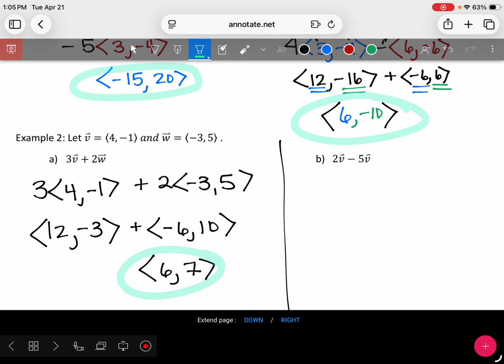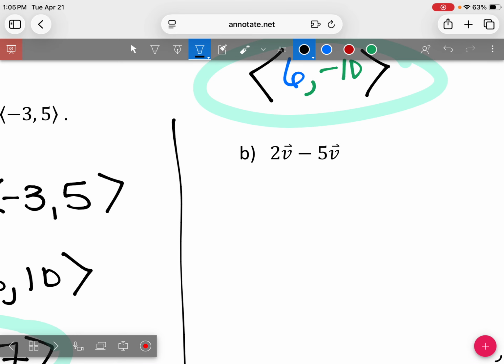All right, good. Now you could do question B 2 different ways, but notice that this is the same vector. So let's just pretend for a minute that this wasn't vectors. It was just variables. If it was 2V minus 5V, what would you say that equaled? What is 2V minus 5V? -3V. So you can do this in one step. Instead of multiplying it twice, you could just take -3 times vector v.